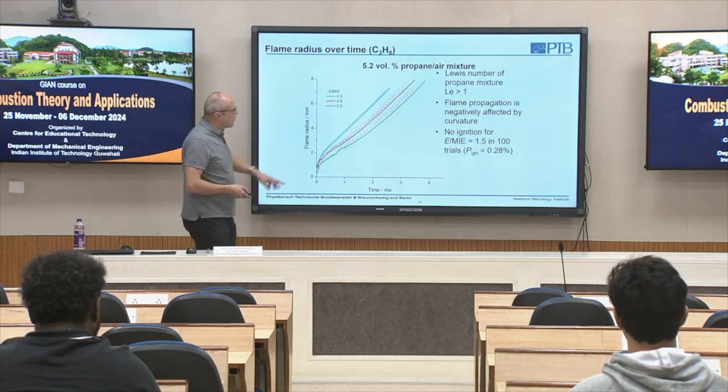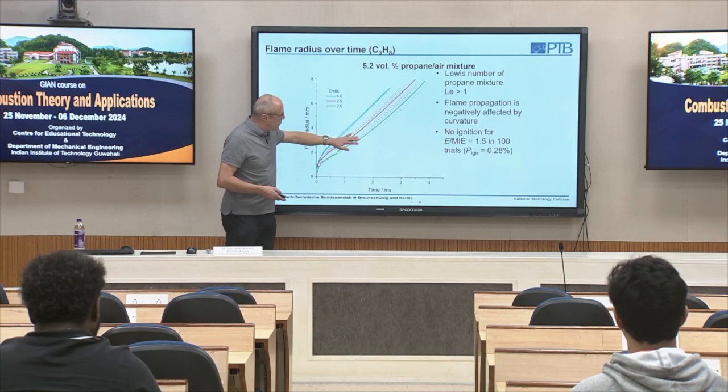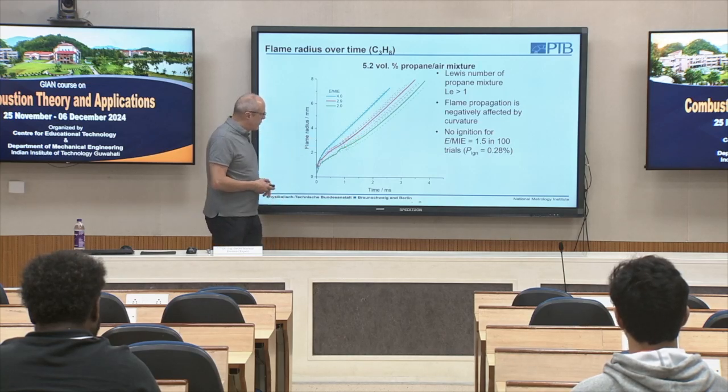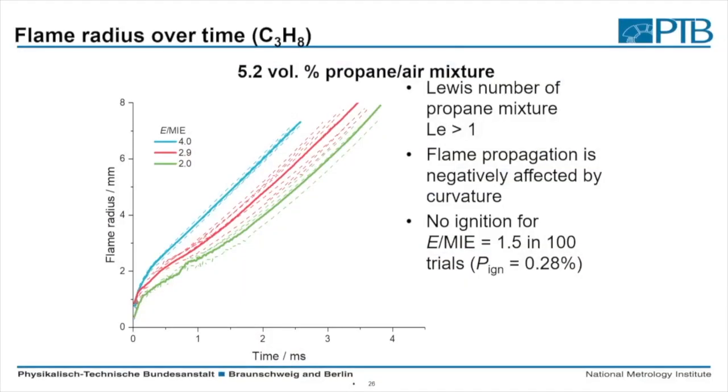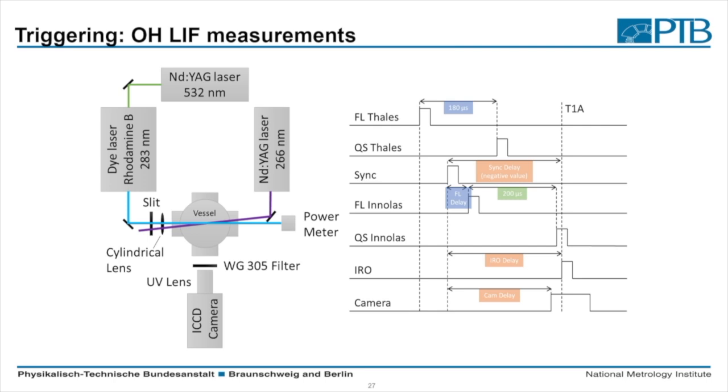Here you see it for propane. Again, the high fluctuations. This is due to the fact that at these small radii the chemistry is very important, and this is negatively affected by the curvature for propane and ethylene, and positively affected for hydrogen.